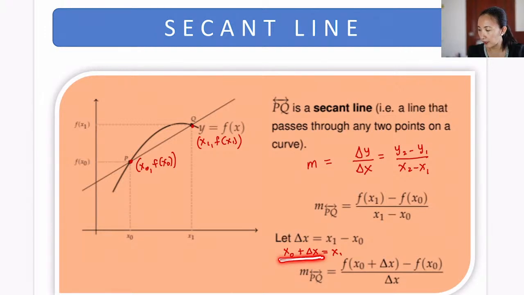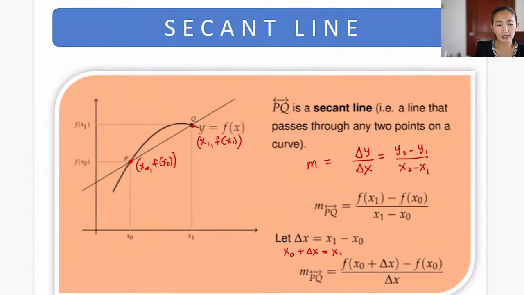So here we have the slope of the secant line PQ is equal to f of x naught plus delta x minus f of x naught, all over delta x. This gives the slope of the secant line.